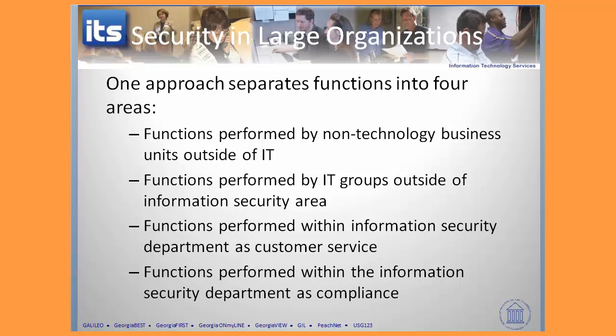So again, if you're working in a large organization, this may be how you start to organize your structure, looking at security in these 4 lanes: compliance within information security, customer service within information security, functions performed by IT groups outside of information security, and then functions performed outside of IT completely by non-technology business organizations.